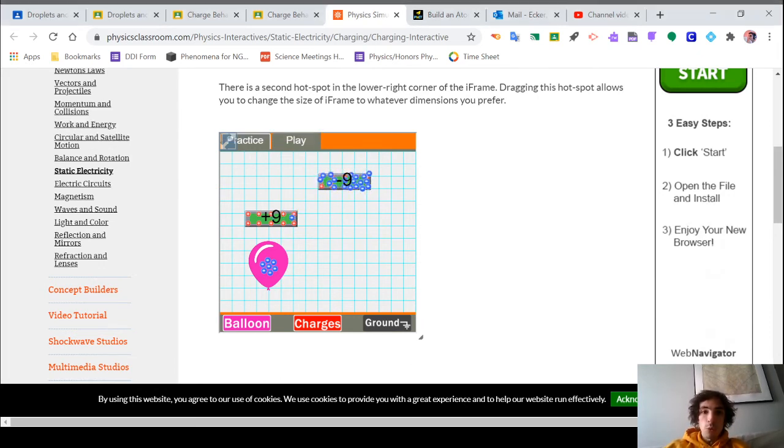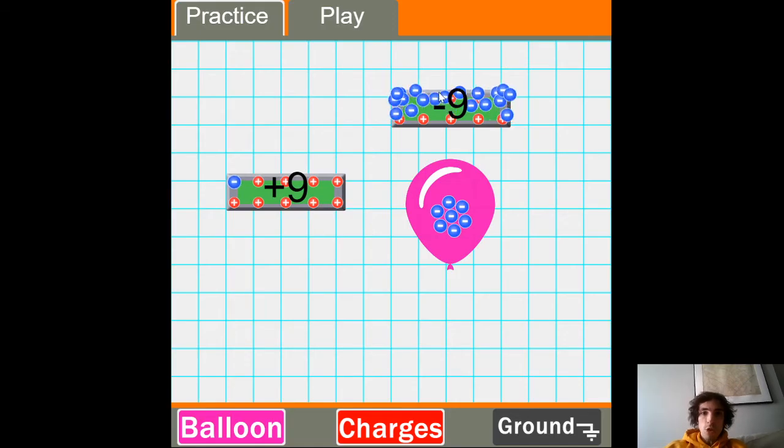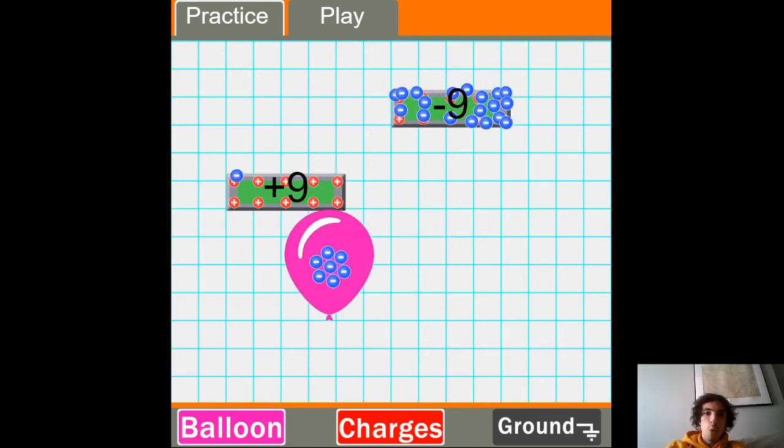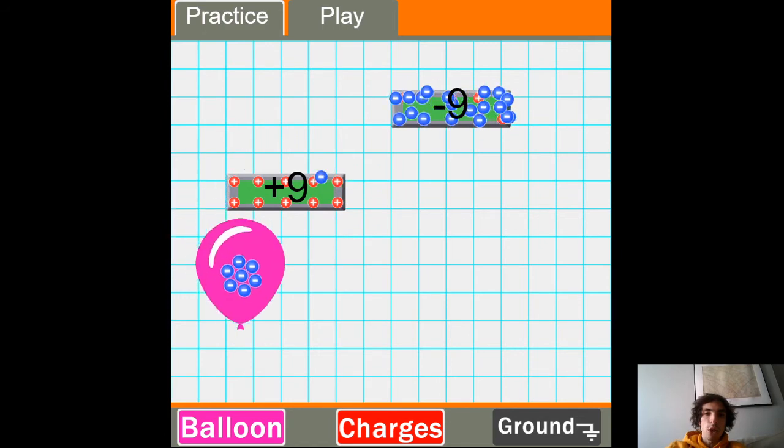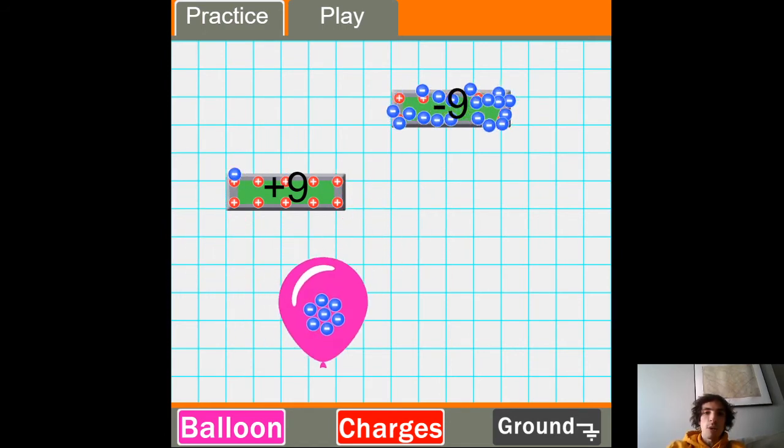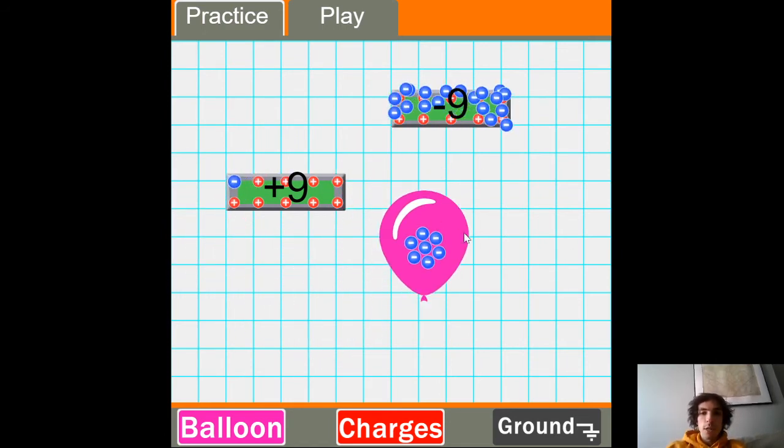All of those little blue dots are electrons, but they're not moving at all. And if we compare that to how the electrons in these two metal rods are behaving, they're going nuts. They're moving around all the time. Even just this one electron in this positively charged rod will move around a lot, especially if I move the balloon. But the electrons inside of this balloon don't move around at all.